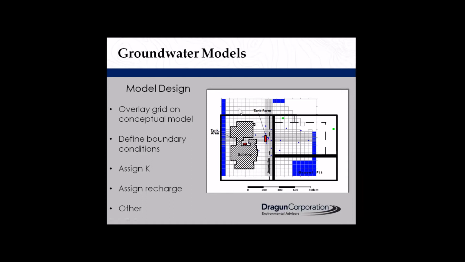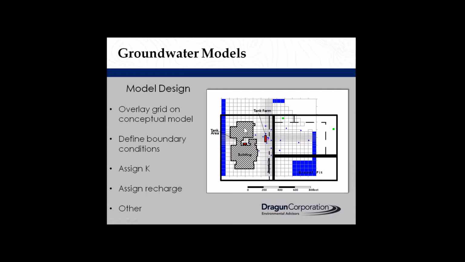For each of these grid nodes, or these squares here, we assign model properties. So things like the hydraulic conductivity, the recharge that may be occurring over those, porosity, storativity, all of those properties of the soil itself get assigned to each of these nodes, and they can be different for each one of them.